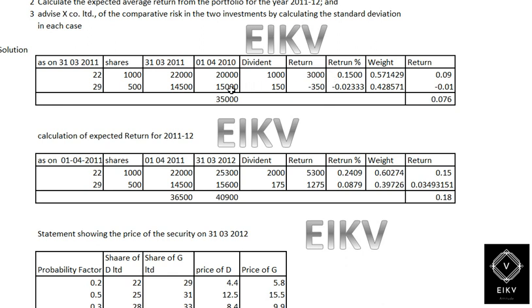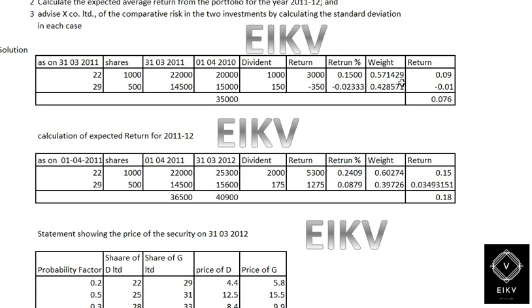Over here it would be a negative amount, as the difference 14,500 minus 15,000 gives negative 500. Negative 500 plus 150 gives negative 350. The return formula is the return amount divided by the amount invested: 3,000 divided by 20,000 and negative 350 divided by 15,000 will give you 0.15 and negative 0.23.